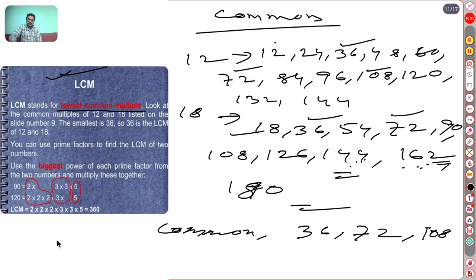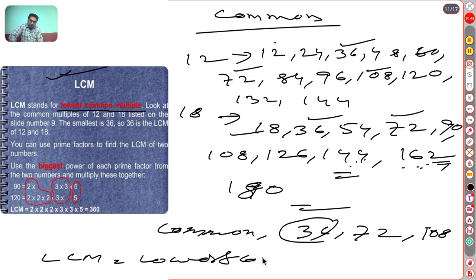Among these, the lowest is 36. 36 is called the lowest common multiple or LCM. LCM means lowest common multiple. So here it is equal to 36.